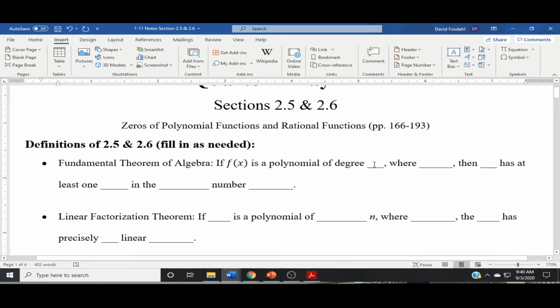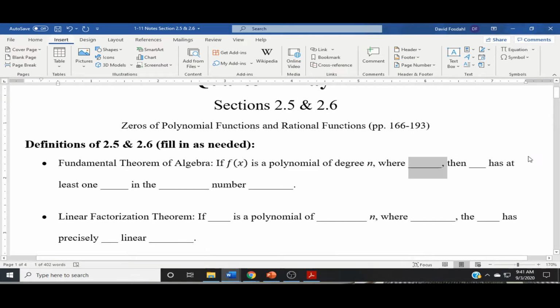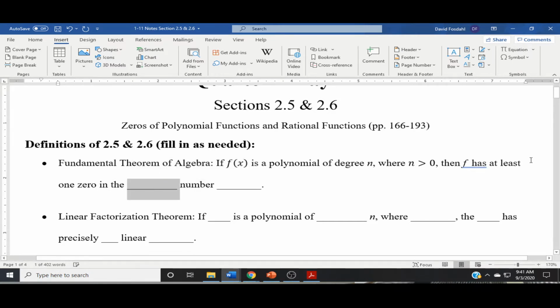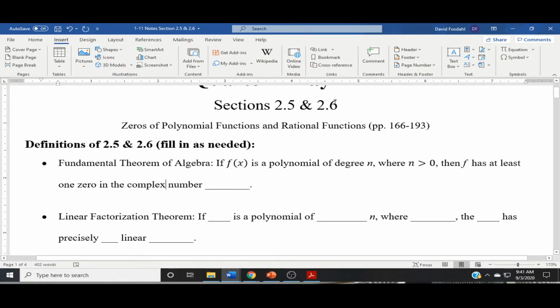Now this is a crucial definition, so please make sure you're of degree n, where n has to be greater than 0, then function f has at least 1 zero in the complex number system. Okay?